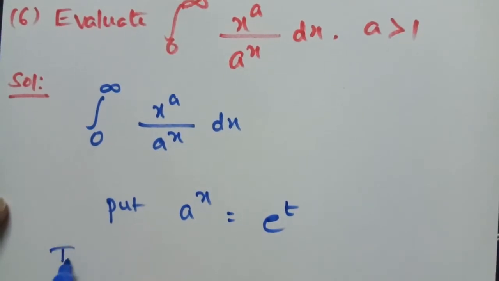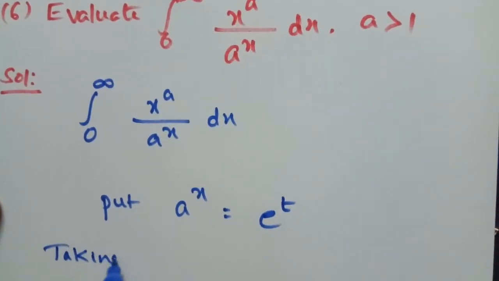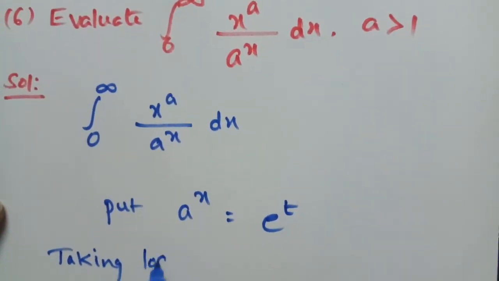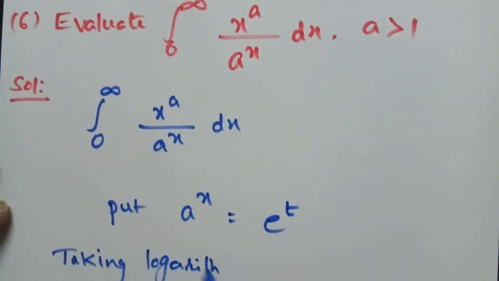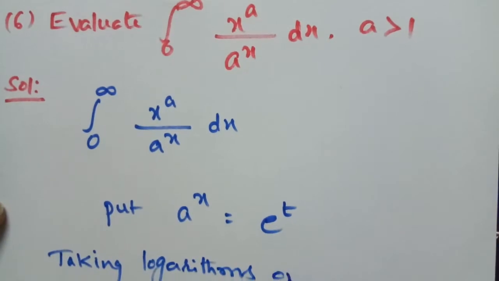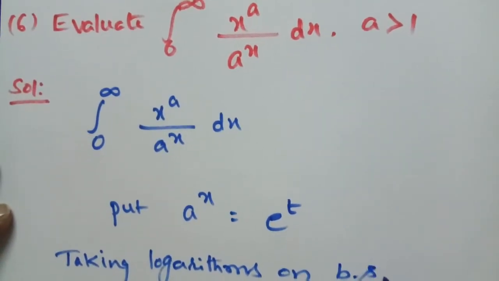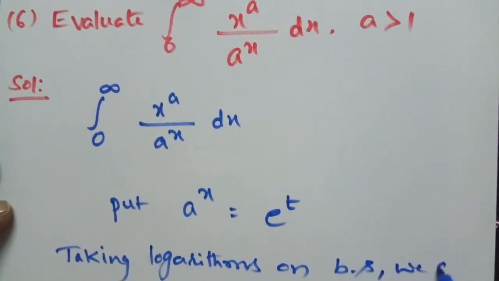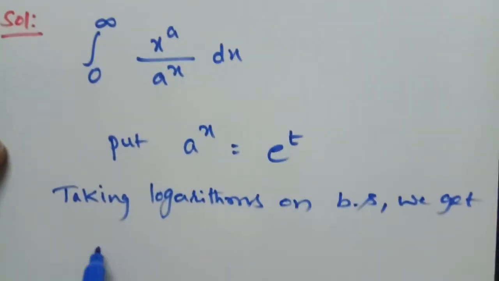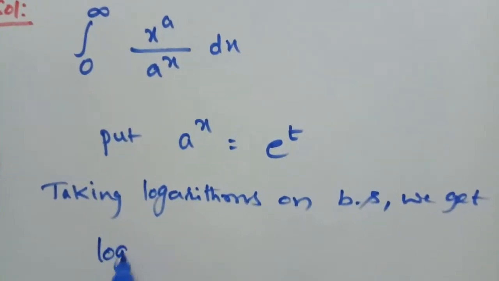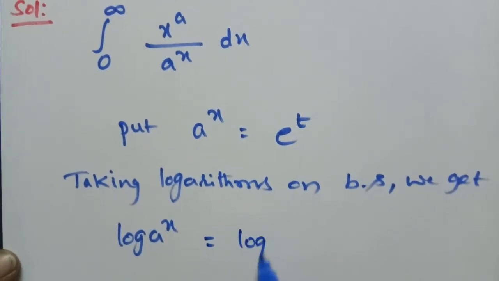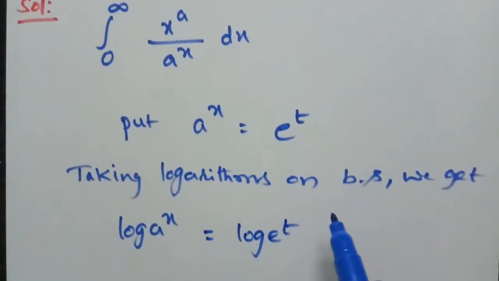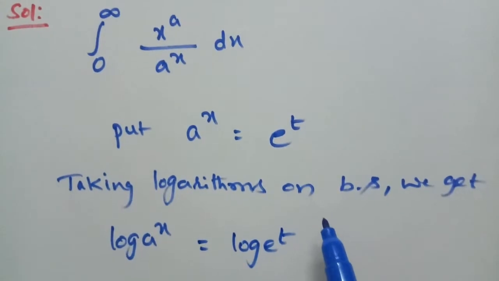Now taking logarithms on both sides, we get log of a power x is equal to log of e power t.